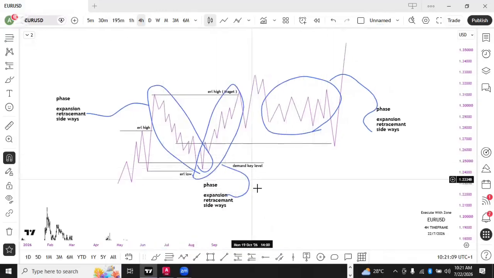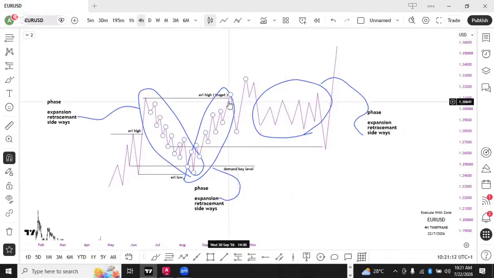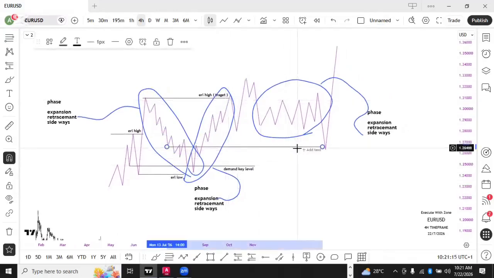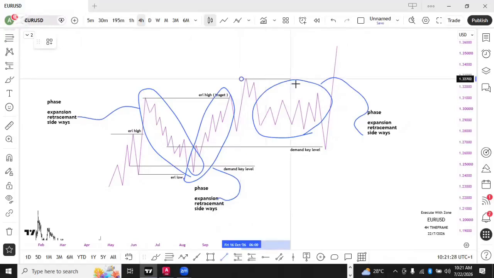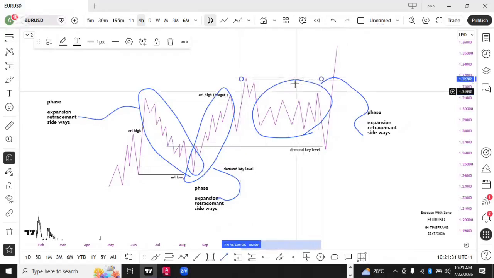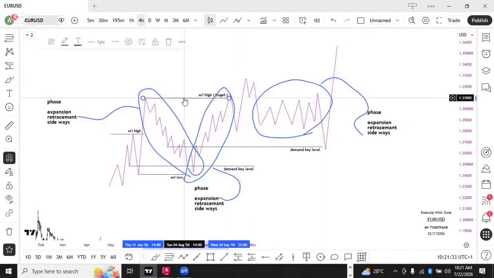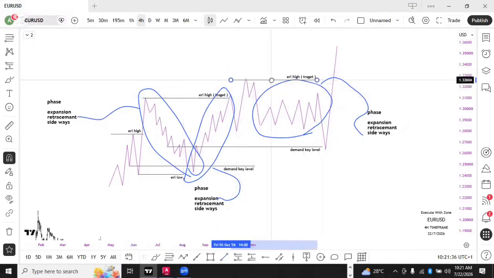You get me? So you can see at this point now, which is the target. This is another new word, demand key level, and this will be our new words. Okay, let me just use this instead. I just hope you guys are getting something.